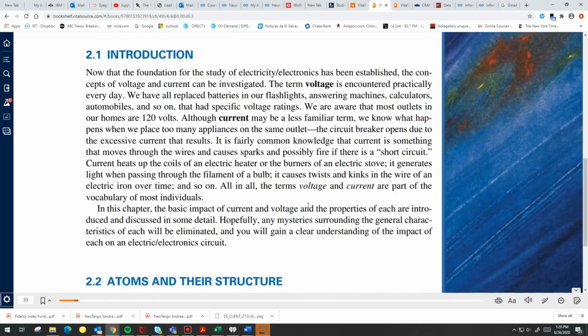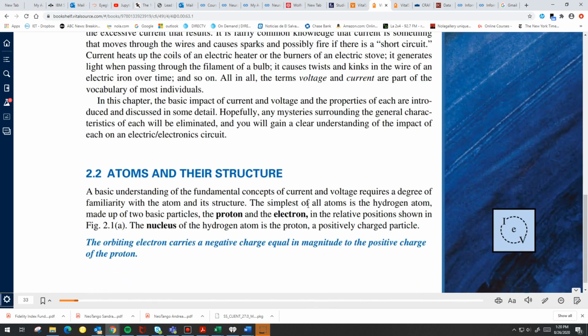We're going to start by looking at the basic concept of what current is, or where the concept of current comes from. You may have already heard this before, maybe from your physics or chemistry course. But our intention is not to look at current from the physics point of view.